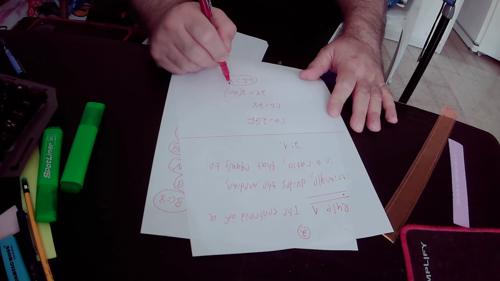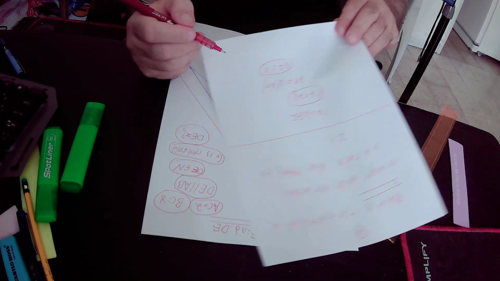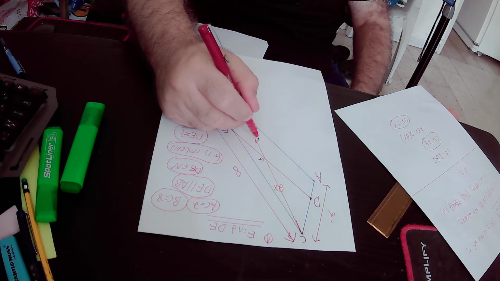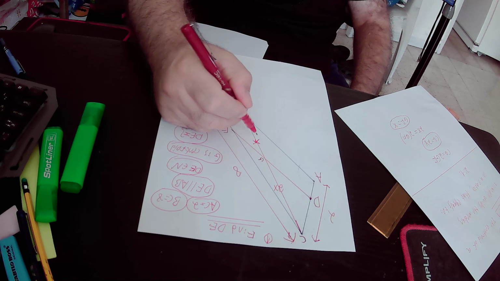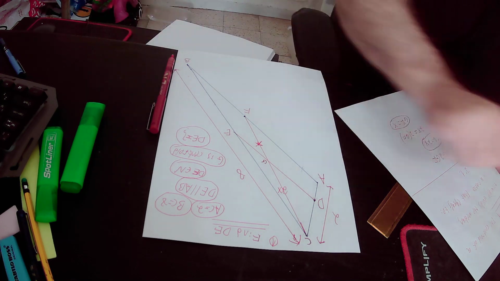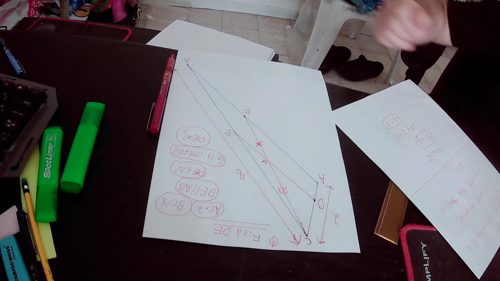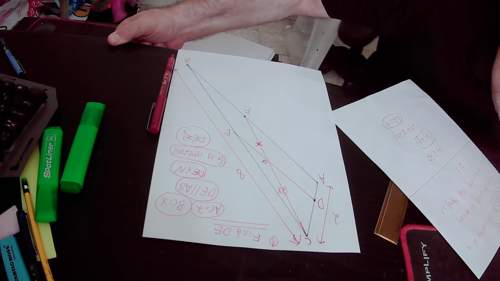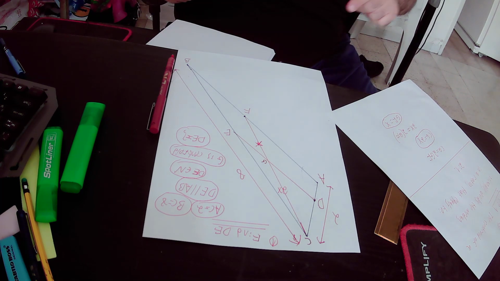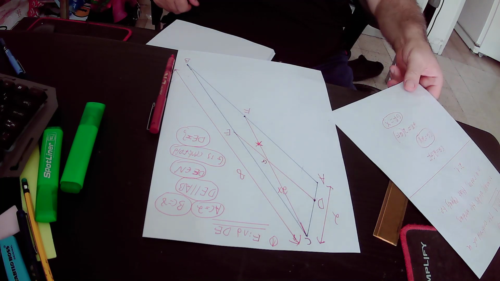So we found that if CG equals 2x, then GF will be equal to x.